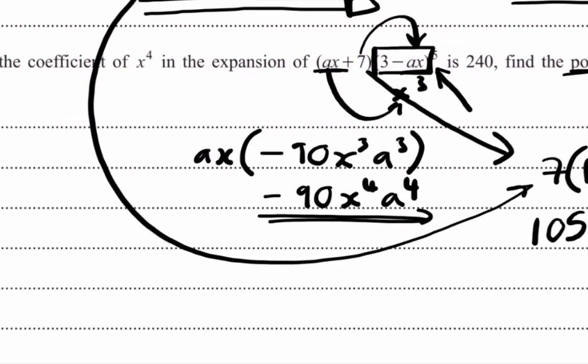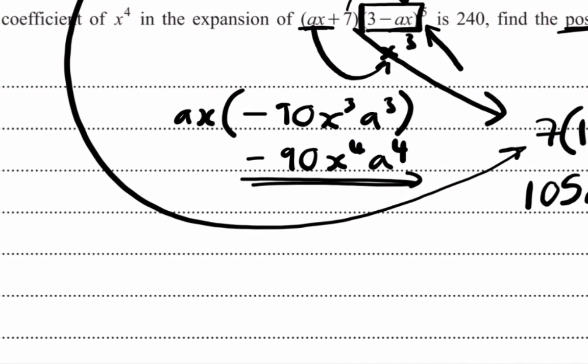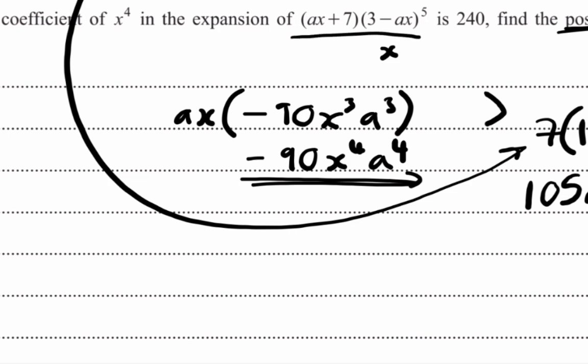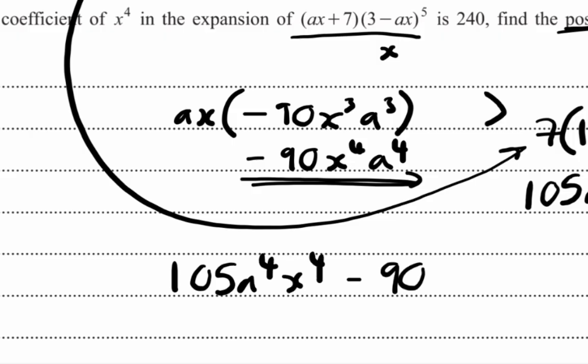So adding these two, we'll get a term in x to the power 4 for this whole thing that we're given here. So we have 105a to the power 4 x to the power 4 minus 90 x to the power 4 a to the power 4, and we're told the coefficient is equal to 240.